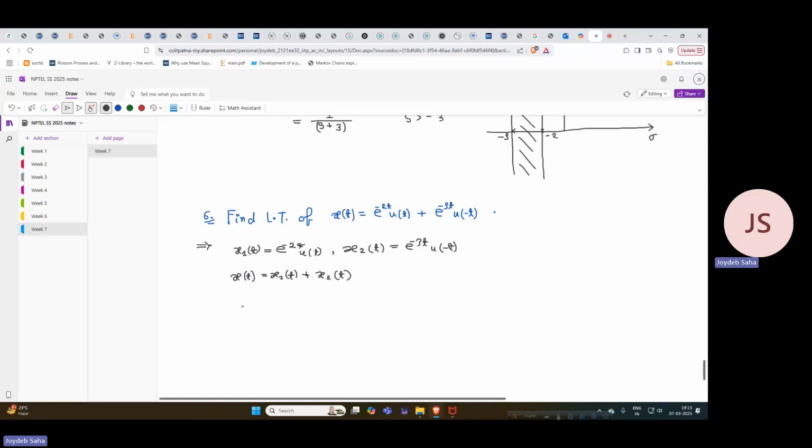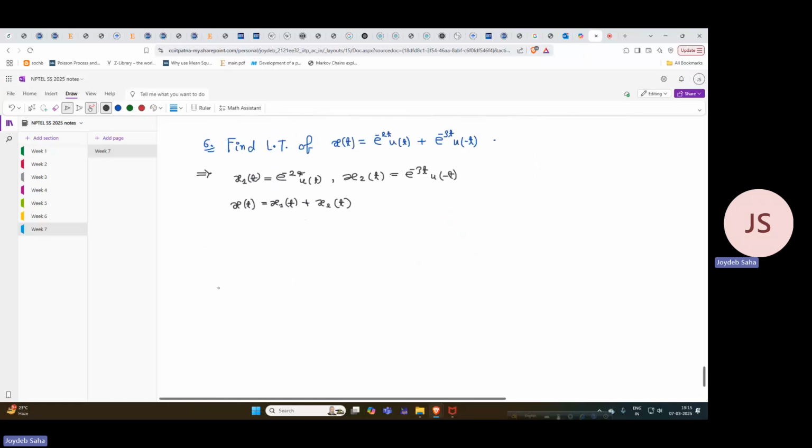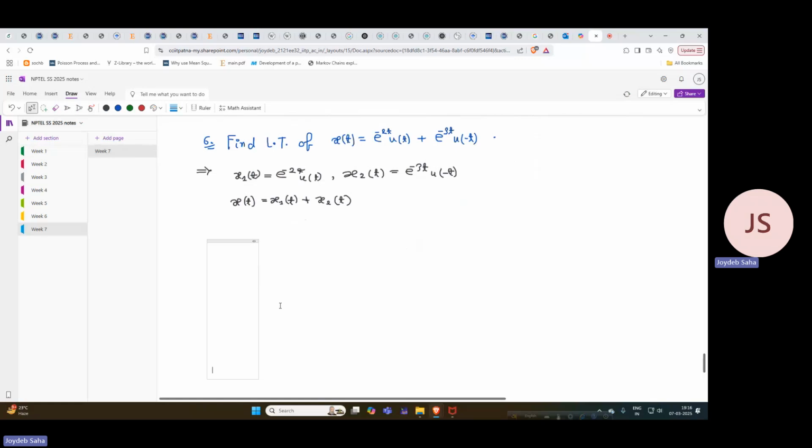We need more space, right? Let us create some space.